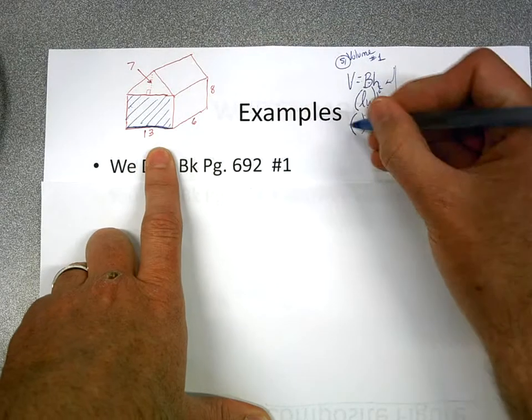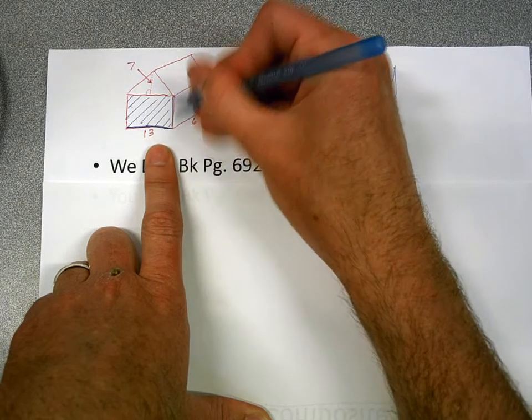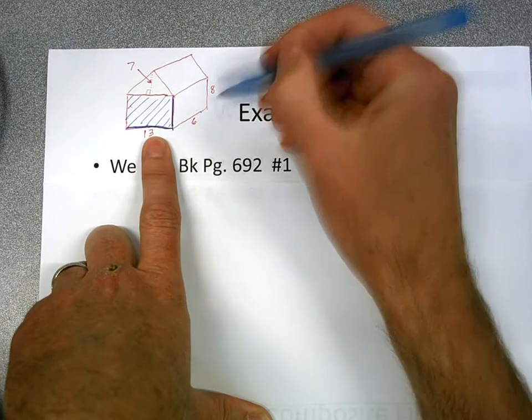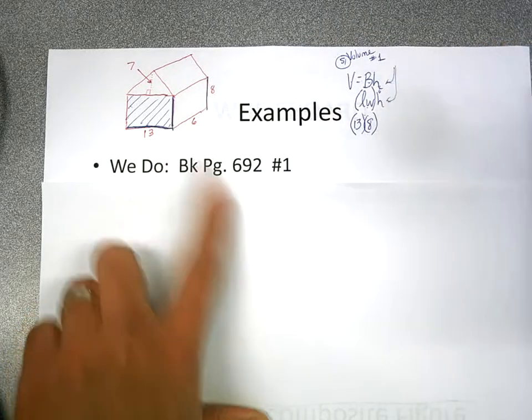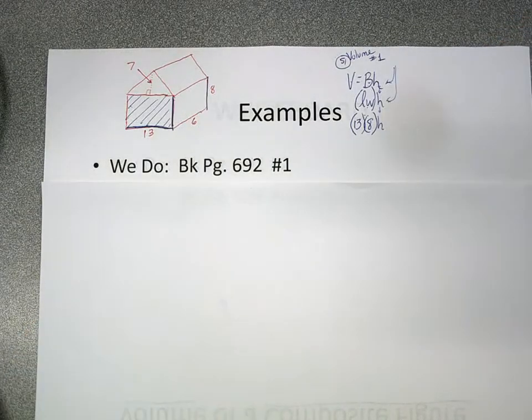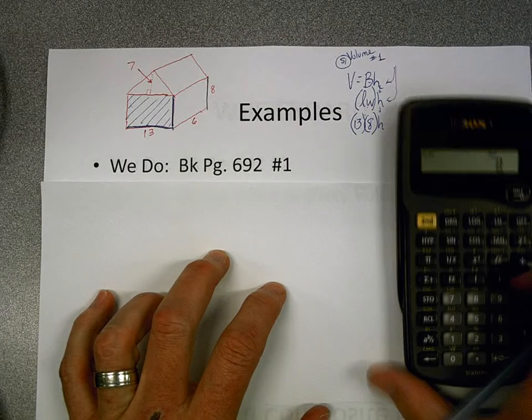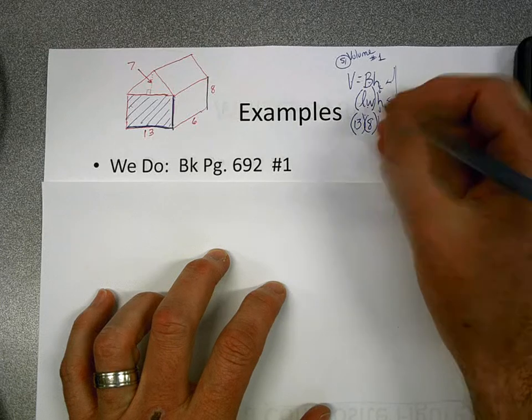It's 13. Then the width of this is right here. The width of this rectangle is the same as this right here. It's 8. I'll bring down the h again for our third dimension. Now, 13 times 8, if you want to, you can grab the calculator. 13 times 8 equals 104.